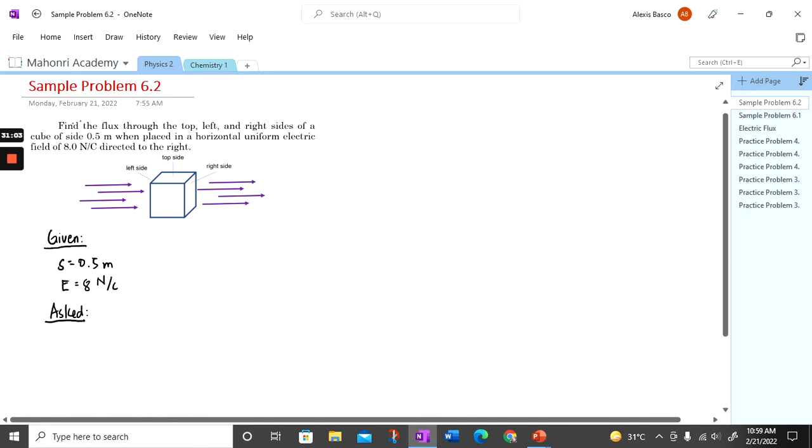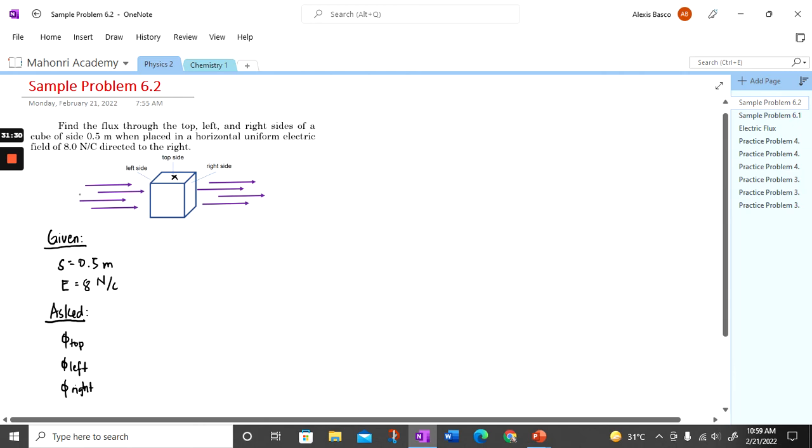Basically, find the electric flux at the top side, the electric flux on the left side, and the electric flux on the right side. So those are the three things that they want me to find.